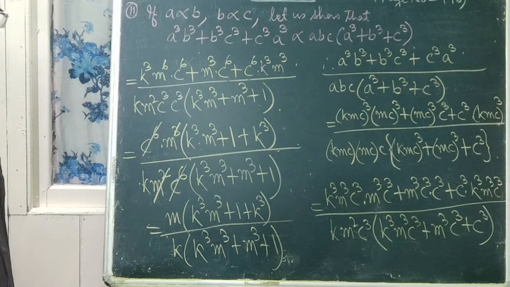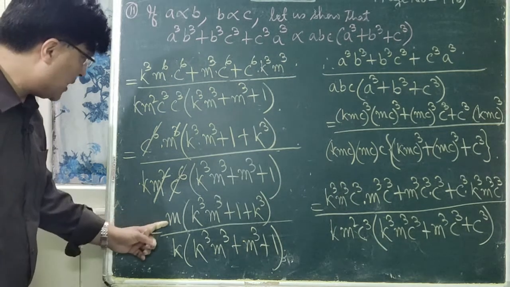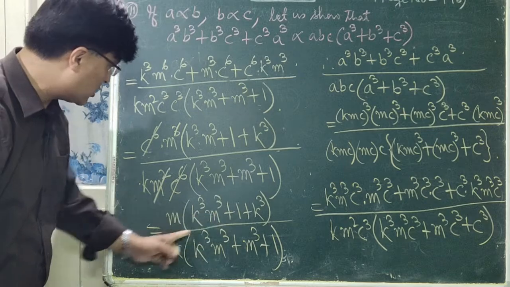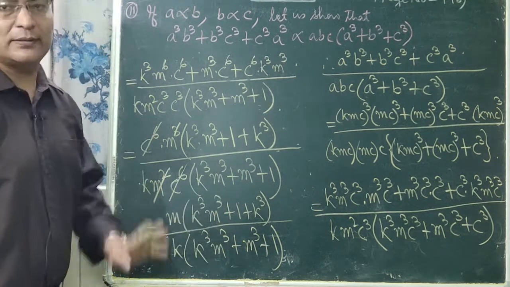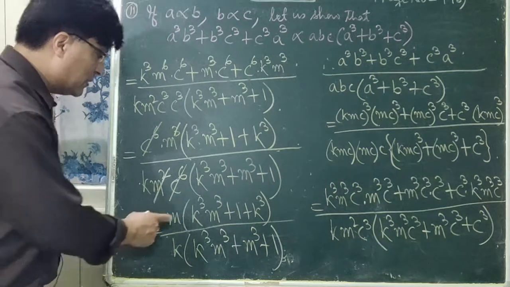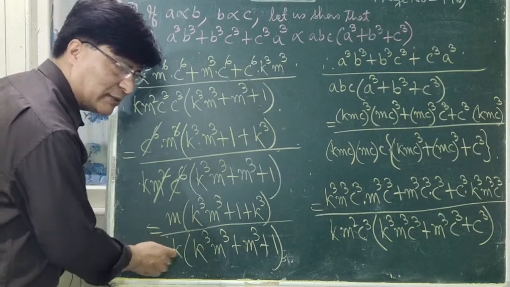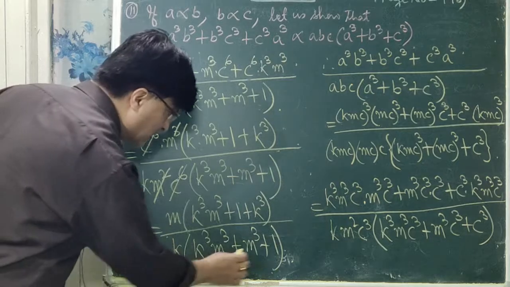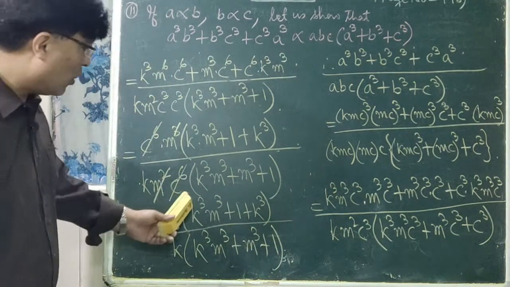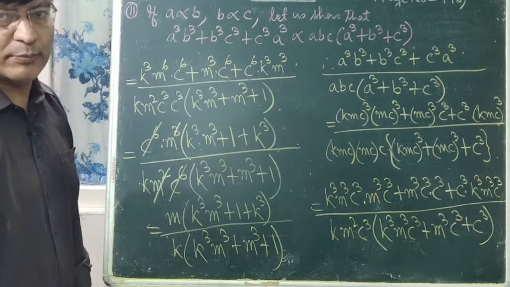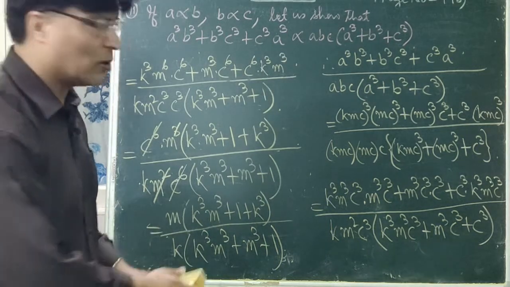So I think you have understood it. So we got this expression, that is M into K cube M cube plus 1 plus K cube divided by K cube M cube plus M cube plus 1. Is that clear? But you know that this K and M are constant. So this term only contains K and M and 1, isn't it? So this whole fraction is constant quantity because K and M are both constant.